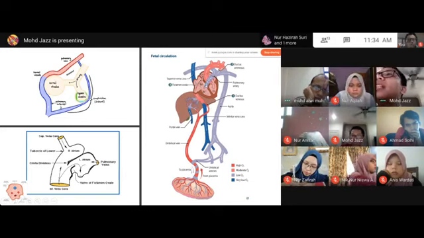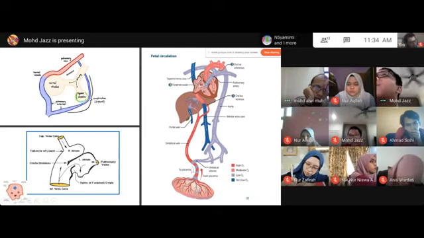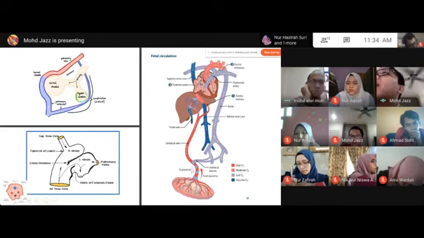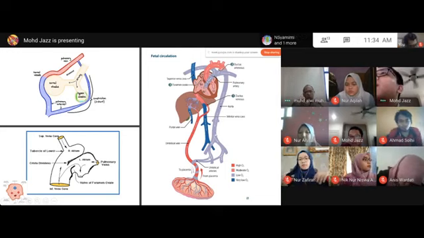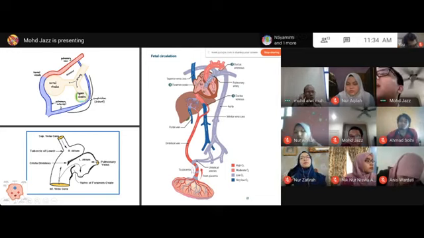This does not happen prior to being born. Okay, so those are the changes, and then the blood flow goes through the umbilical arteries and returns into the circulation.